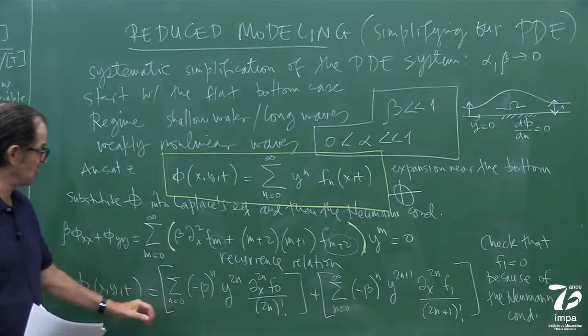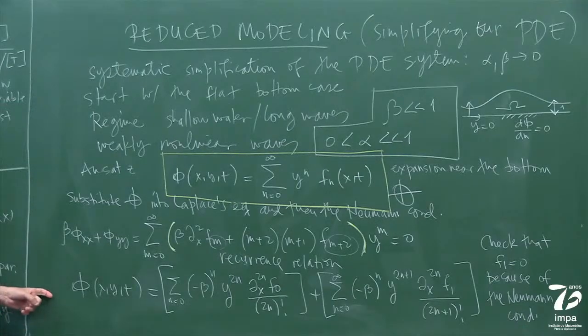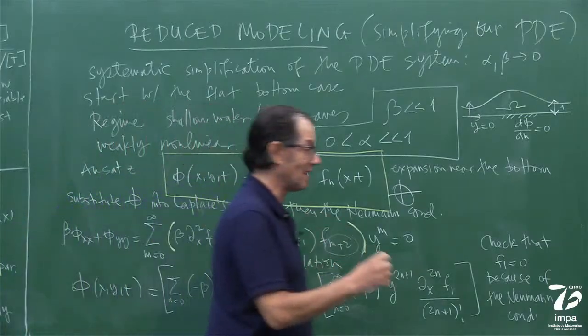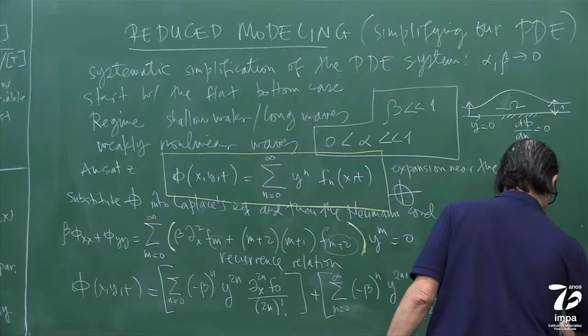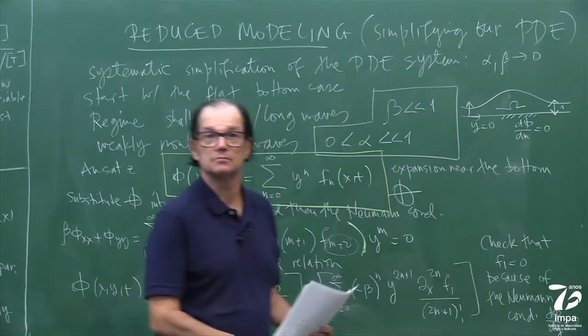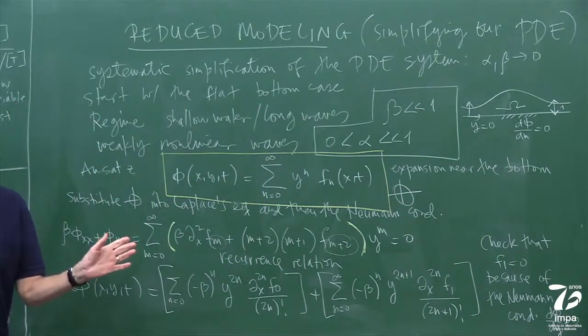So when you check, what is the Neumann condition? It is dphi/dy equal to 0, because it's a flat bottom. So I'm skipping some easy points.